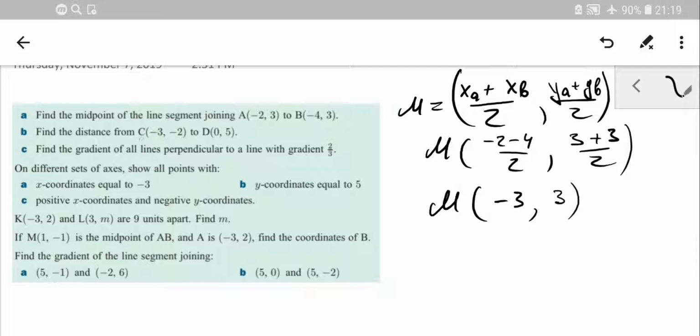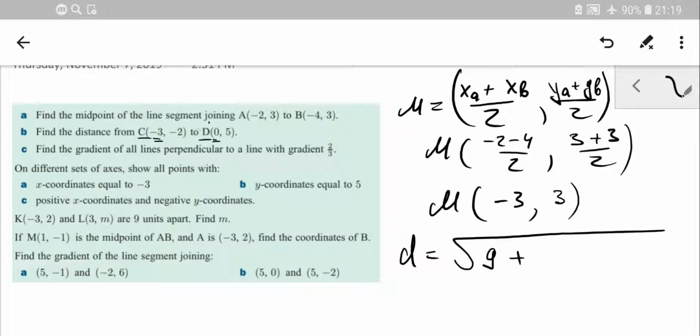So find the distance from C to D. We'll use the well-known formula, basically Pythagoras: square root of the change in x squared plus the change in y squared. I start from D: 0 minus 3, I get -3, and 3 squared is 9.